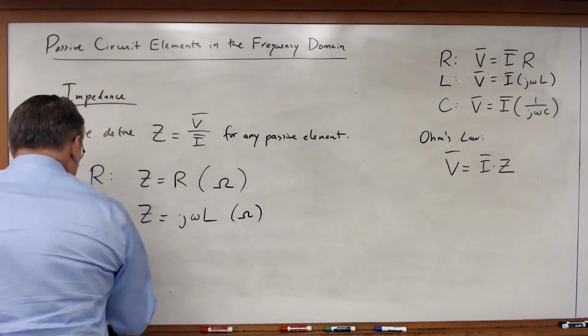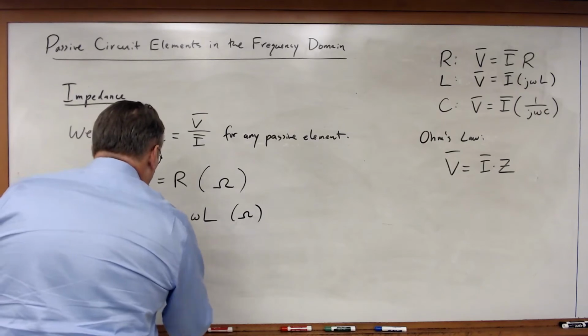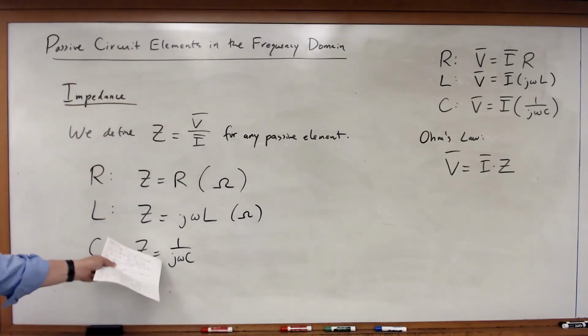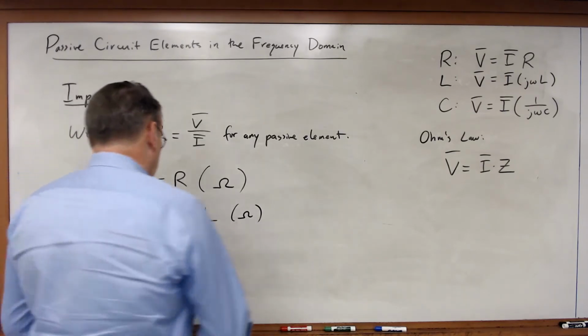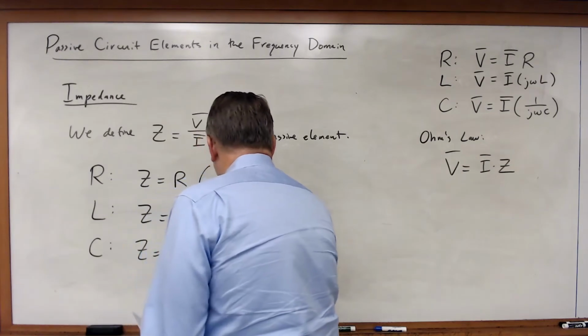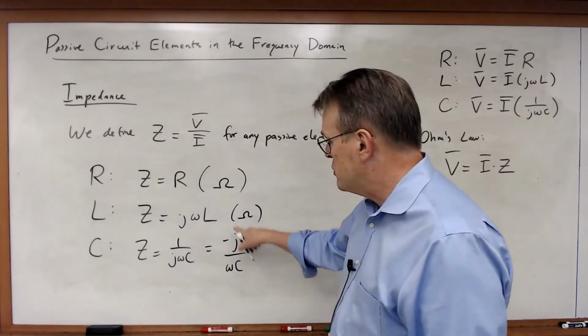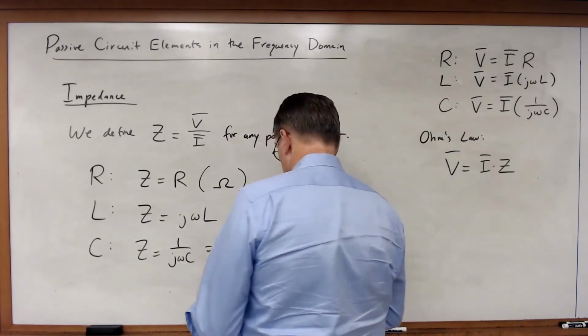For a capacitor, Z is equal to 1 over j omega C, or we can multiply top and bottom by negative j, and what we'll get is it's equal to minus j over omega C, and that way we're putting the j in the numerator. And again, that has units of ohms.